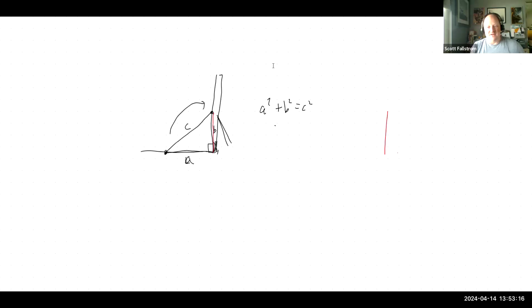He just put a little tick. And then away from the wall where it was going to be, he put 3 feet. He had me stand right there and he held his tape measure until it showed exactly 5 feet. So you'd move the wall back and forth until this one was exactly 5 feet, because it's a 3, 4, 5 triangle, and 3 squared plus 4 squared equals 5 squared.